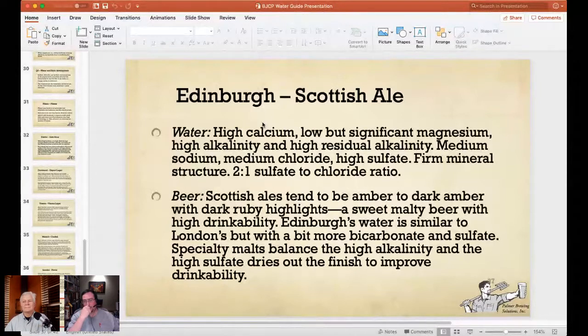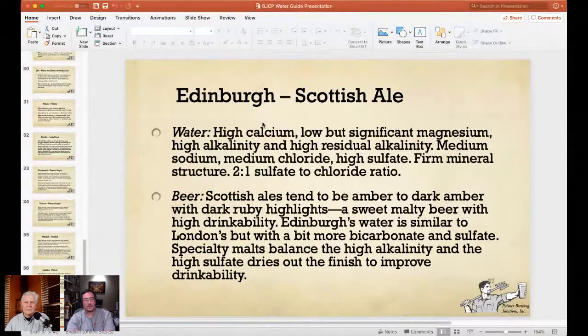But they tended to brew darker beers, maltier beers, as a way to work with the water and achieve beers with very high drinkability. The beers were sweet but with a dry finish, very drinkable. Most of them tend to be low gravity, or your shilling ales tend to be fairly low gravity. But the water and the type of beer gave it some body, gave it some real nice drinkability. So, a very interesting story there with Scottish ale.